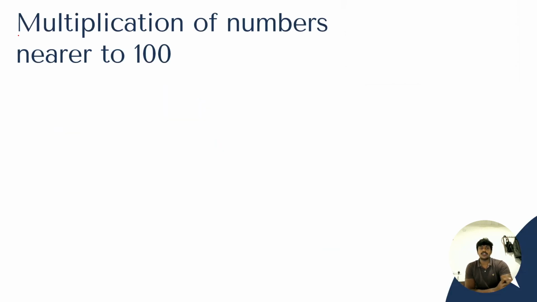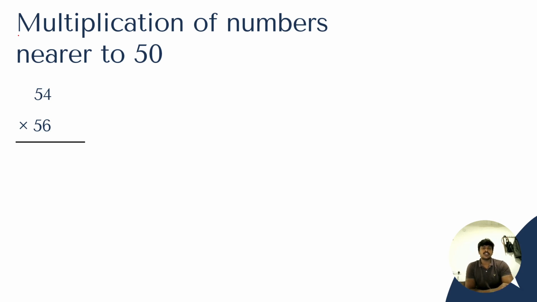First, we are going to learn how to multiply numbers nearer to 100, like 96 multiplied with 94, 105 multiplied with 107. If you observe, both numbers are nearer to 100. Next, we are going to apply a similar technique to multiply numbers nearer to 50.